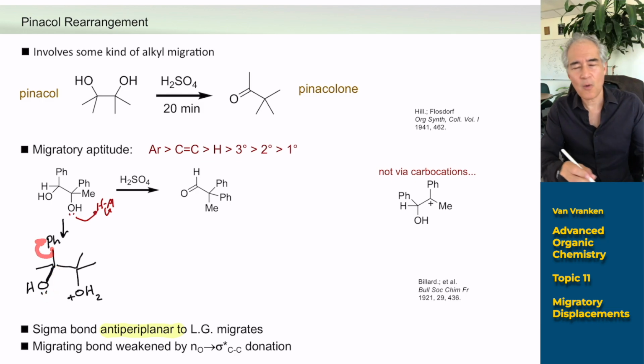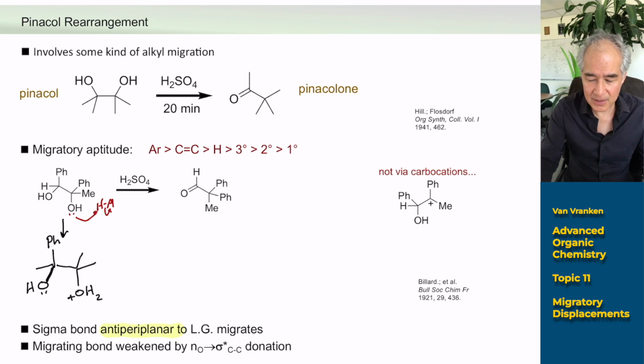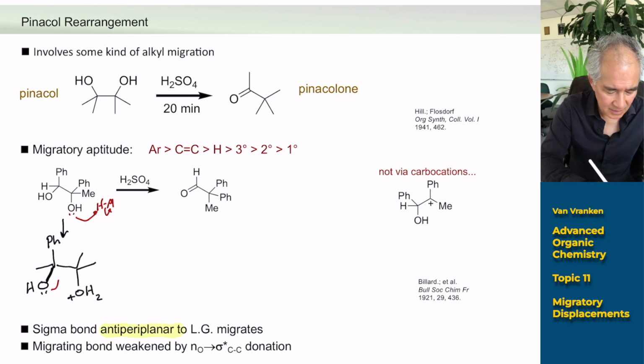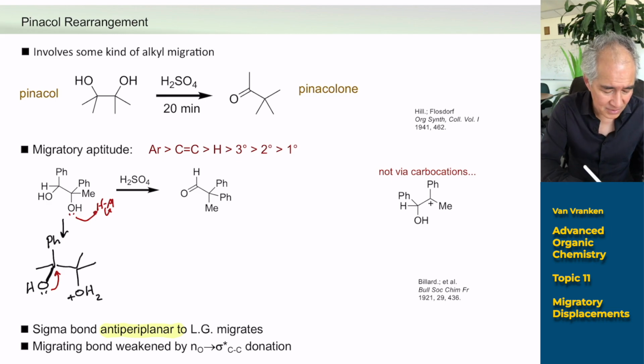But the phenyl doesn't walk away as a phenyl anion. The oxygen lone pair is simply weakening this phenyl carbon bond, lengthening that carbon-carbon bond. You could see that in a crystal structure. You would see that the carbon-phenyl bond is a little bit longer than a regular one. And that allows this phenyl carbon bond to act as a nucleophile and migrate over.